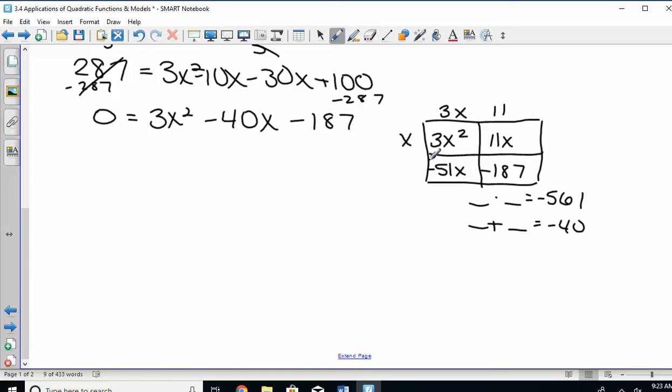This way we would take out an x. 51 and 187, let's see, what do they have in common? Negative 17. Of course, if you struggle with the larger numbers, you could do the quadratic formula.